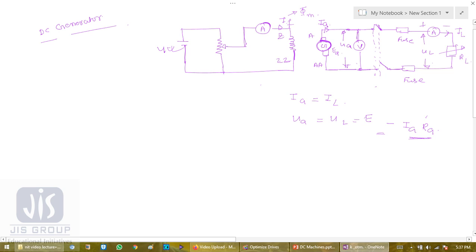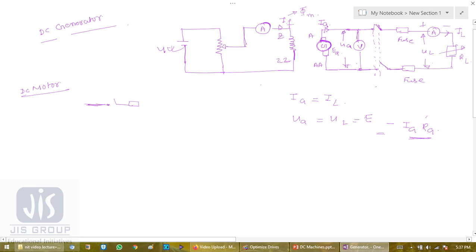Now what will happen for a motor? In a motor, the electrical energy is converted into mechanical energy. So for a DC motor, the connection will be, we have to provide electrical energy, right?